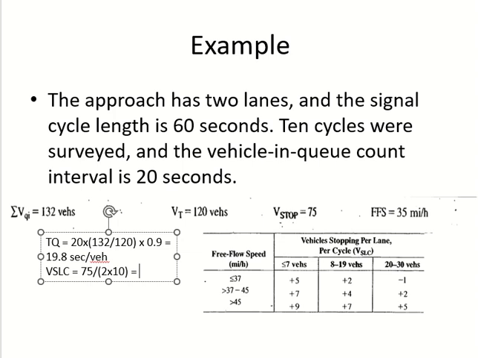How much is that? 3.75. This is vehicles per lane per cycle. Then we have fraction of vehicles stopped, which is vehicles stopped upon this total. How much? 0.625.